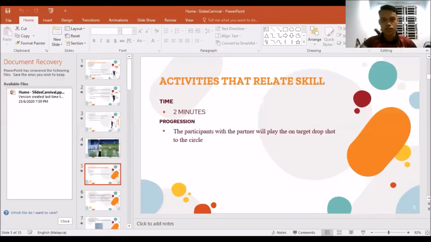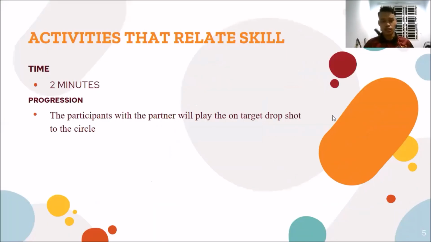Okay, we go to the next, which is the activity that relates to the drop shot skill in our lesson plan. The time is 2 minutes for one activity, and in the progression the partner will play an on-target drop shot to the circle.